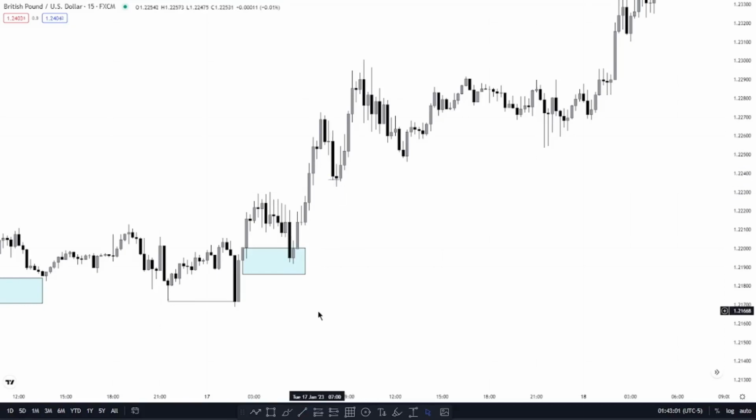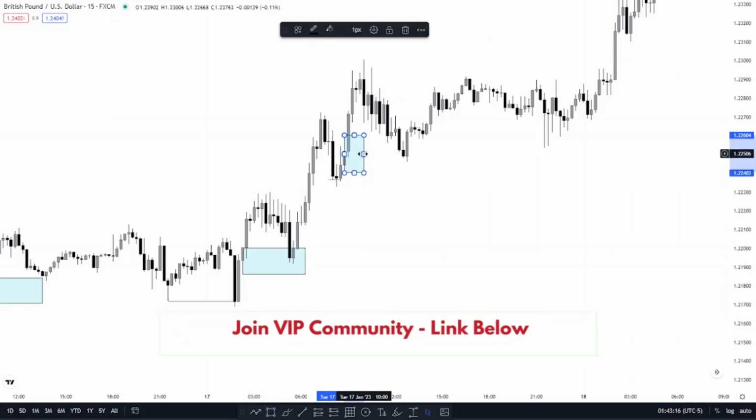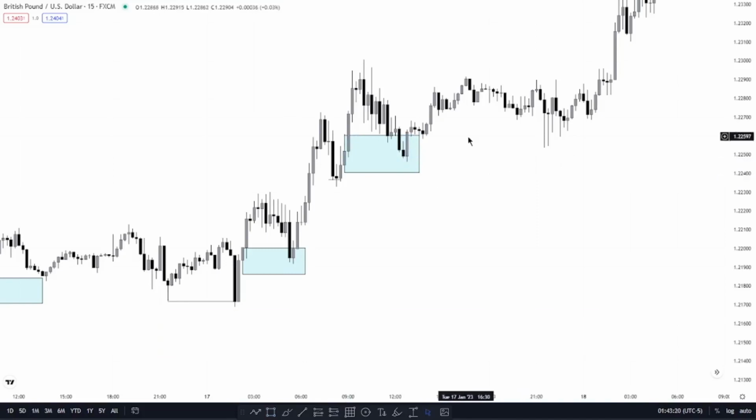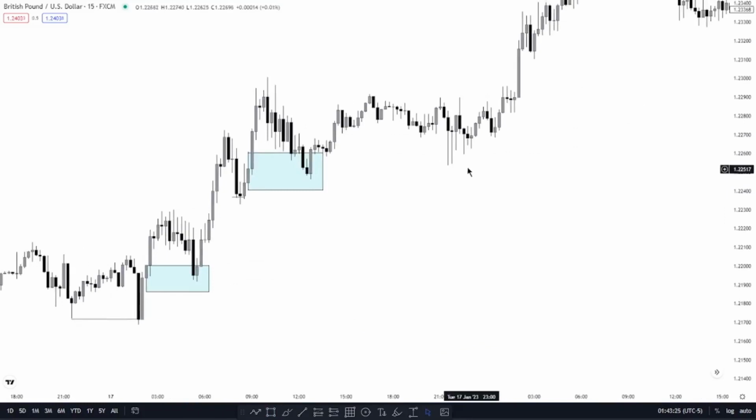It's a strong OB, but then you can refine it. Ask me, why am I refining it to this point? Well, if you want to know the reason and how to refine, then you can leave a comment in the comment section. All right. So that is your OB and it goes up. So it happens over and over again.